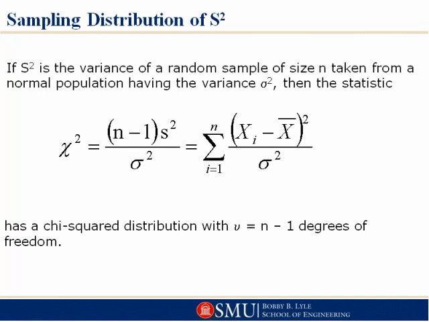If S squared is the variance of a random sample of size n taken from a normal distribution having variance sigma squared, then the statistic is called a chi-square statistic, calculated as (n minus 1) times S squared, the sample variance, divided by the population variance sigma squared. This would have a chi-square distribution with n minus 1 degrees of freedom.